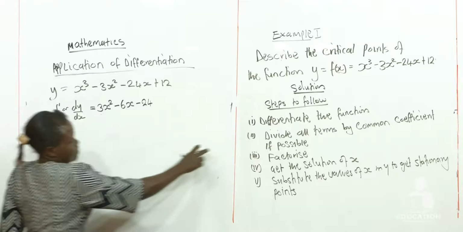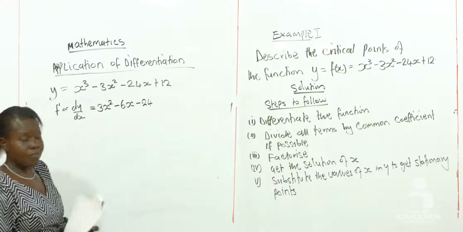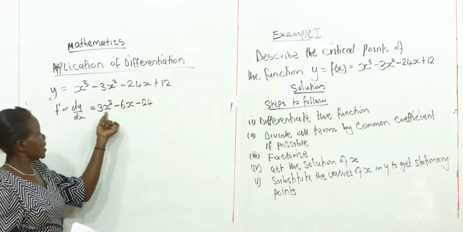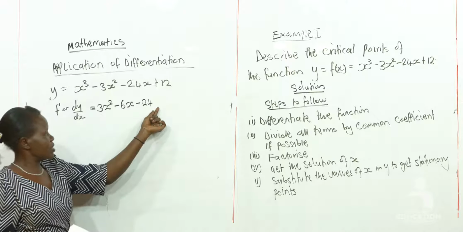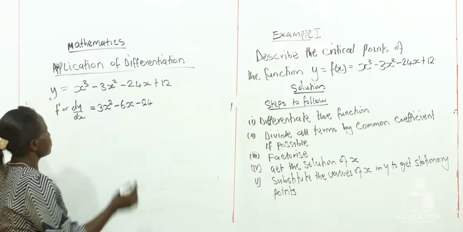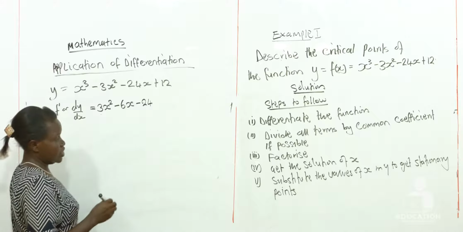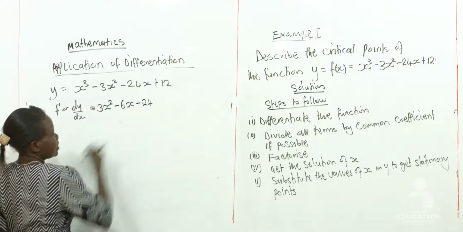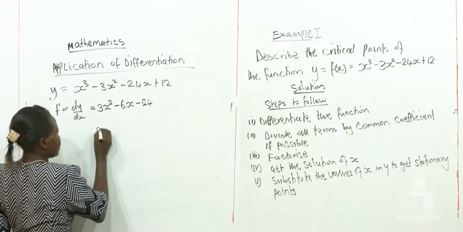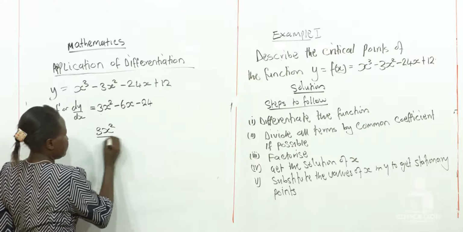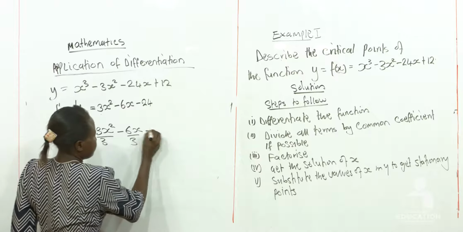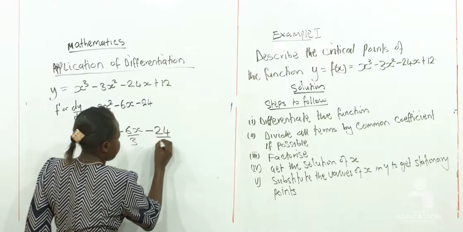So this is our first derivative. Now step number 2, we said you divide if possible. When you look at this outcome, you find that the coefficient 3 can divide all these figures, the coefficients of x and the constant. It is not a must to divide, but since it is possible, we divide by 3: 3x squared divided by 3, minus 6x divided by 3, minus 24 divided by 3.